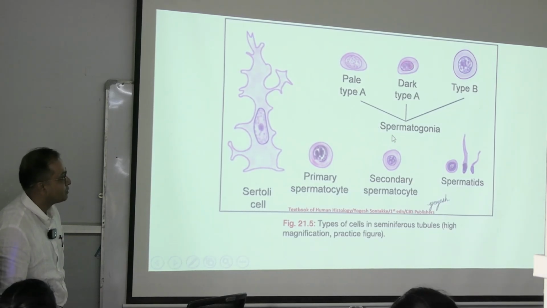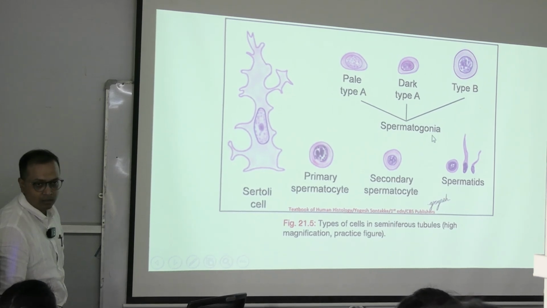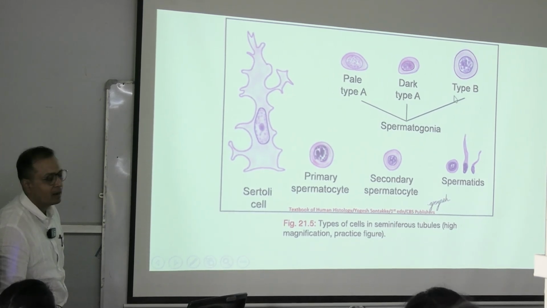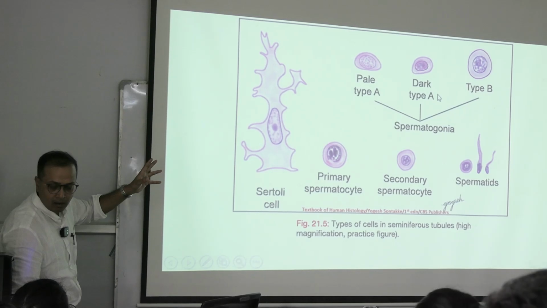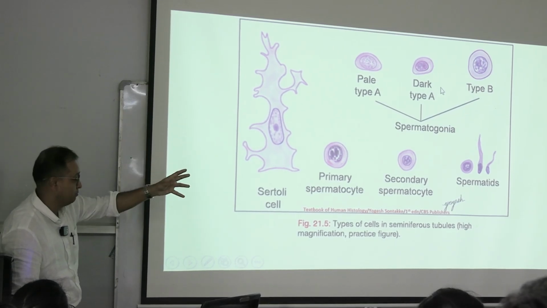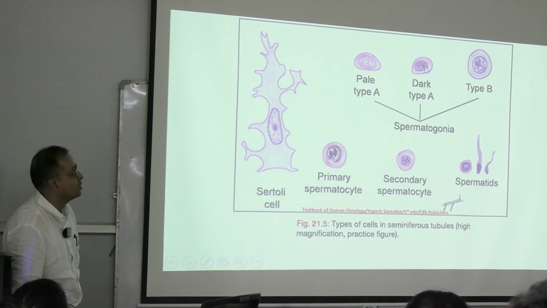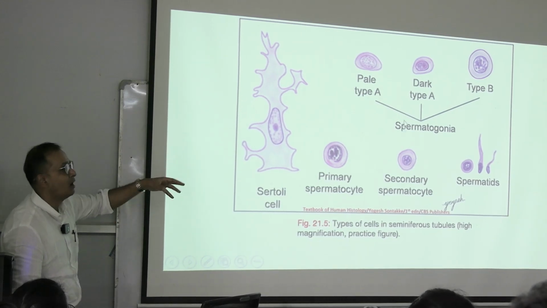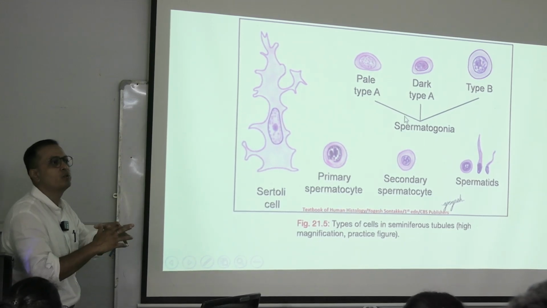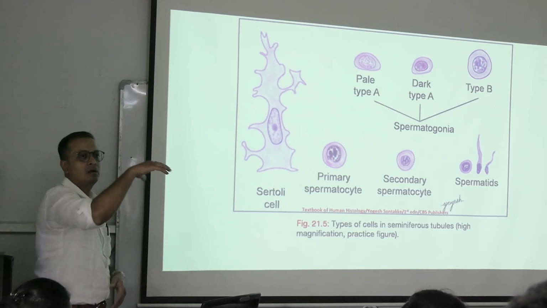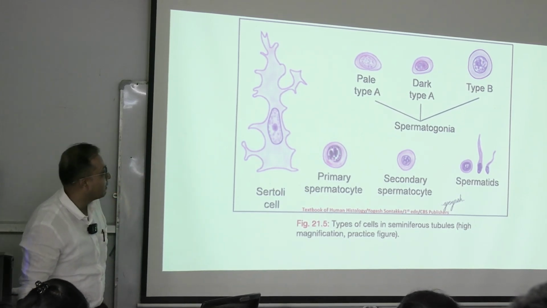The oldest ones we call spermatogonia. They can be classified as type A, A light stain and A dark stain, and type B. These are the oldest versions of the germ cells, basically the stem cells from which everything comes, the great grandfather cells of the spermatocytes.